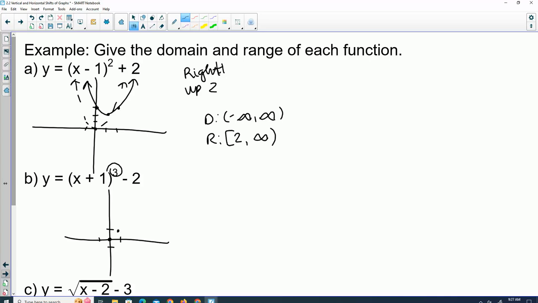So if you think about your chair, how does this one move? Down 2 and left 1. So same thing, but it's still, no matter what, that chair, it's still going up and down forever, it's still going left and right forever, so my domain and range didn't change.